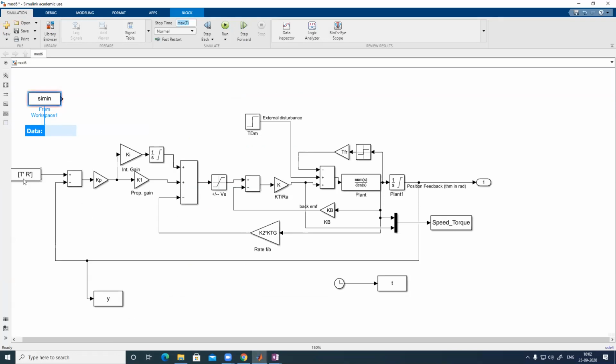And that vector is a sine wave of frequency 0.1 to 100 Hertz. So you have to simulate for max of capital T, and you have to run it. Sir, in that sweep file, we are taking the input from the model file, right?